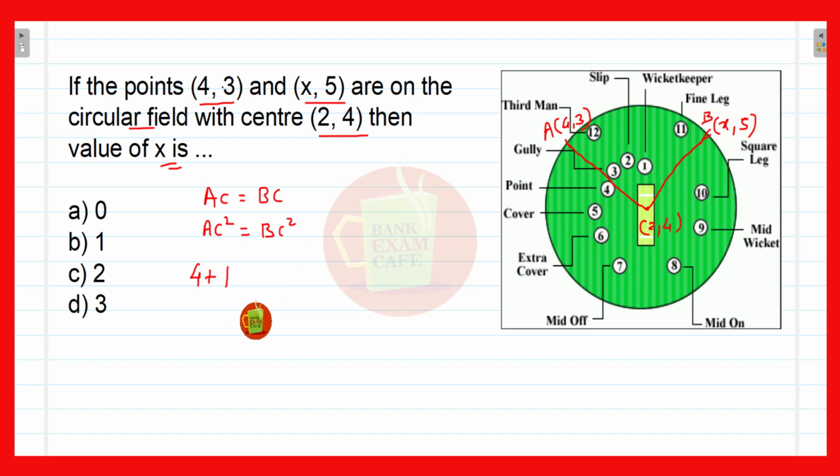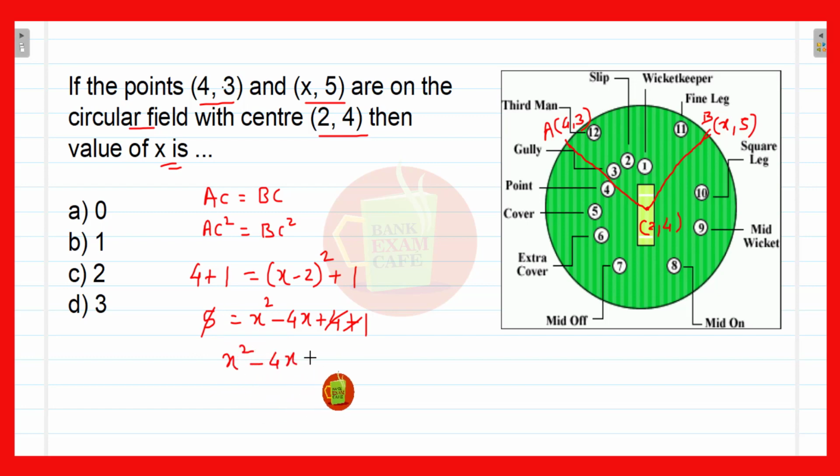So 4 plus 1 is equal to BC square, that is (x minus 2) bracket square, plus (y2 minus y1), that is 5 minus 4, that will be 1, and 1 square will be 1. So this will be 4 plus 1, 5, which is equal to x square minus 4x plus 4 plus 1, so 4 plus 1 will be 5. This 5 and this 5 will get cancelled, and it will be x square minus 4x, which is equal to 0.